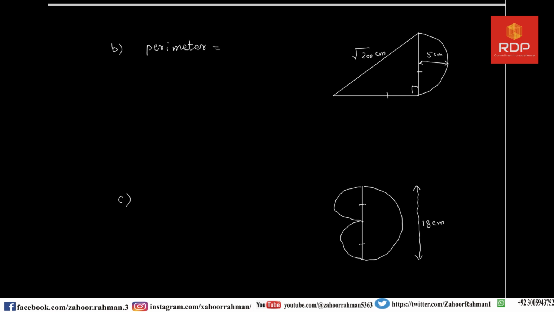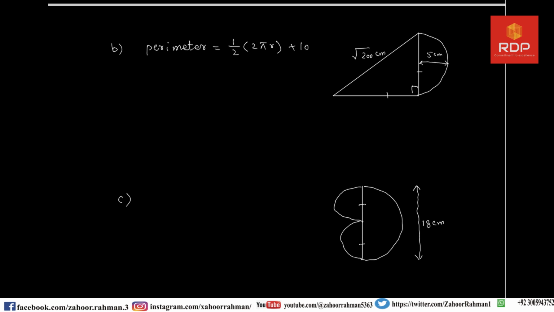So perimeter is equal to 1 over 2 into 2 pi r, that is the semicircle. Because this is a semicircle, we put 1 over 2 first, and then we have to find this, which is 10.